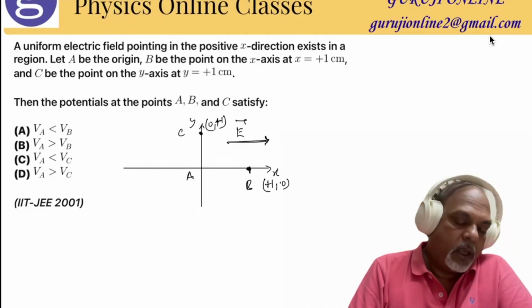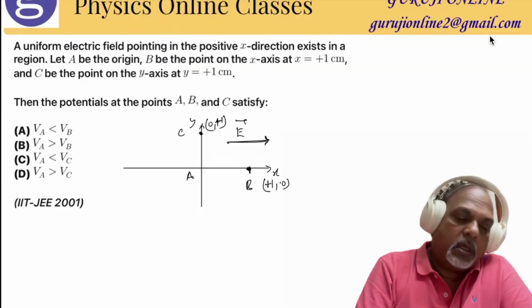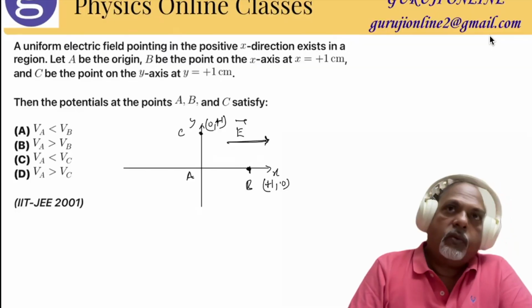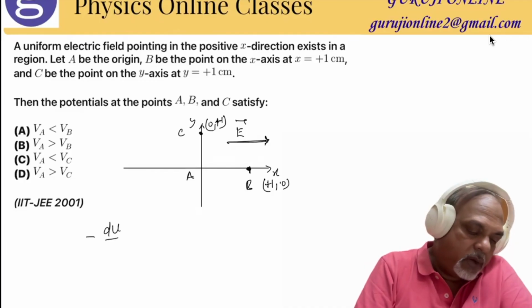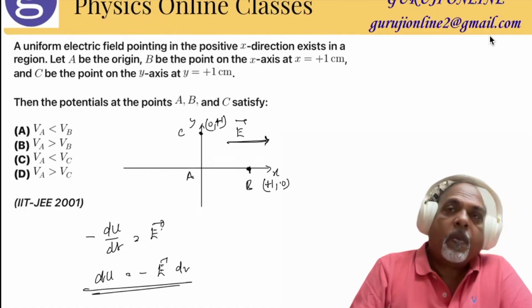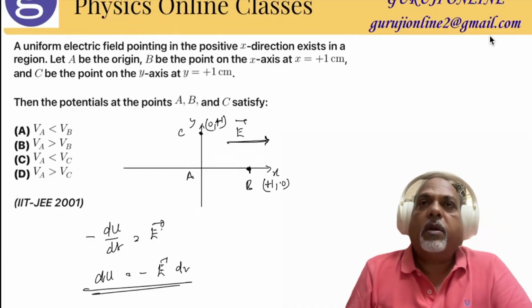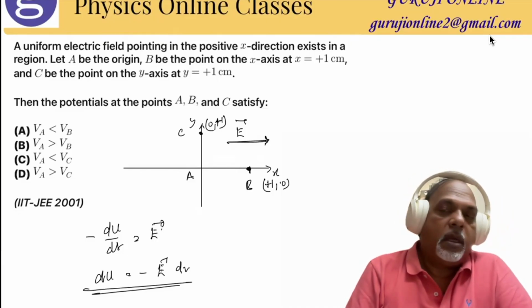It's very simple. We know E is equal to minus dV upon dx, which means the negative gradient of the potential is in the direction of the electric field.